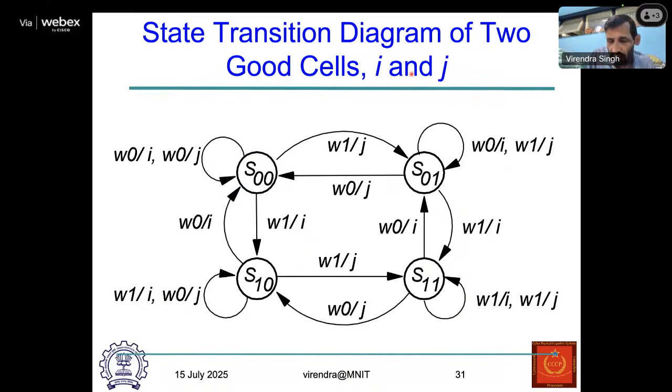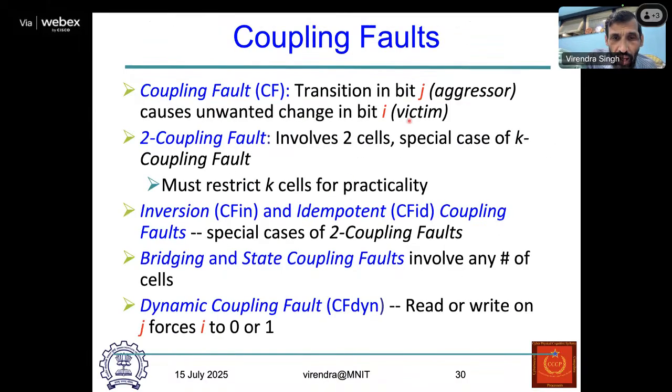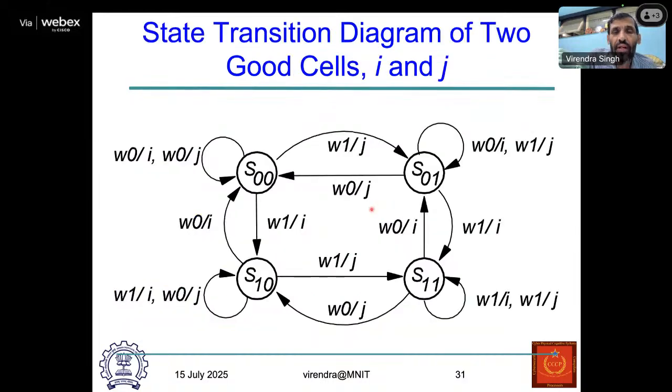Now in a similar way, there's another kind of fault, that is called idempotent. Idempotent coupling fault means that for a rising transition or falling transition on the jth cell, the ith cell will have some fixed value, either 0 or 1.